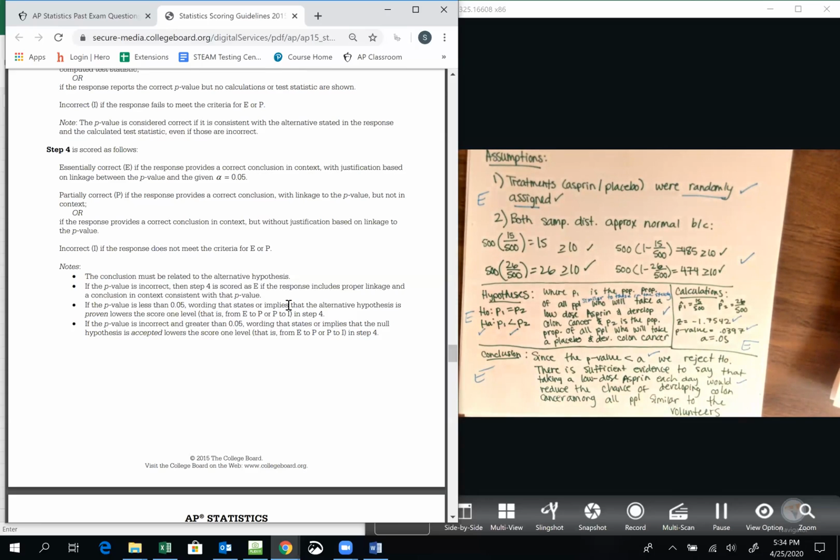If your p-value is incorrect in part 3, you can still get essentially correct in your conclusion. That's why if you can't figure out how to find a p-value, make one up. Every single time, make one up and write it down as if you calculated it, and then write your conclusion based on that. Because every time you'll still get essentially correct.